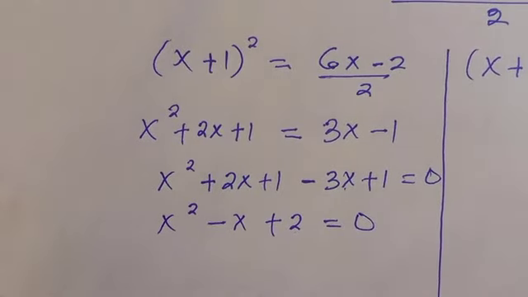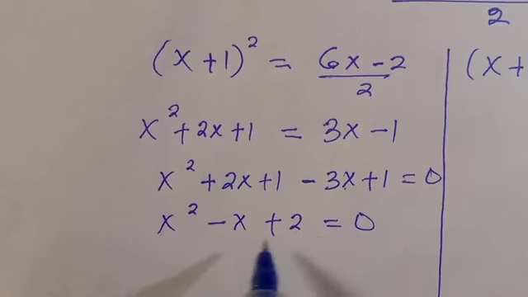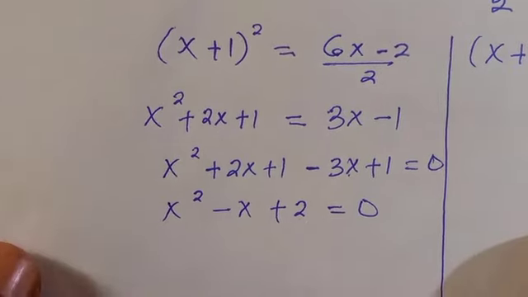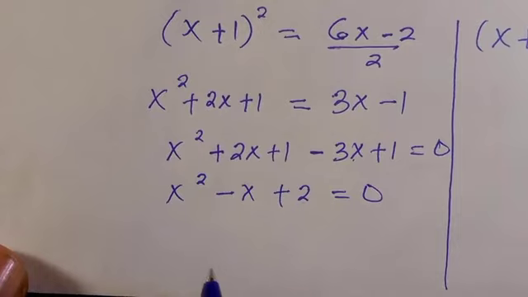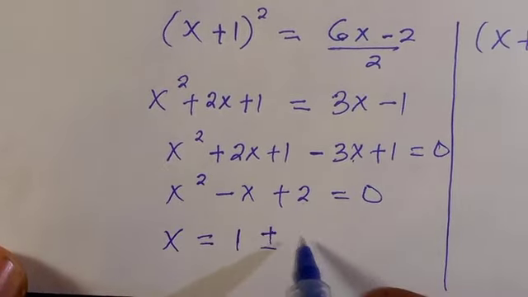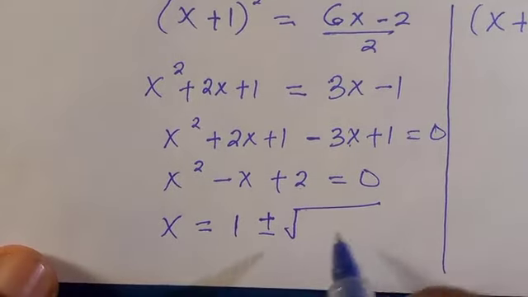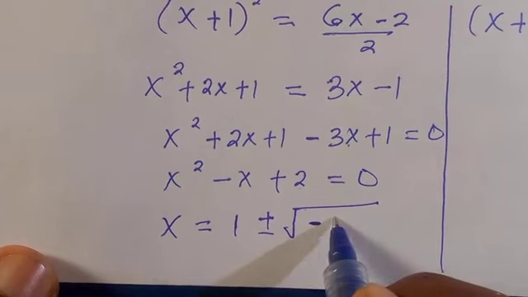So by solving this, x squared minus x plus 2, when we plug it in the quadratic formula, what we are going to have here is x is just 1 plus or minus the square root of minus 3.